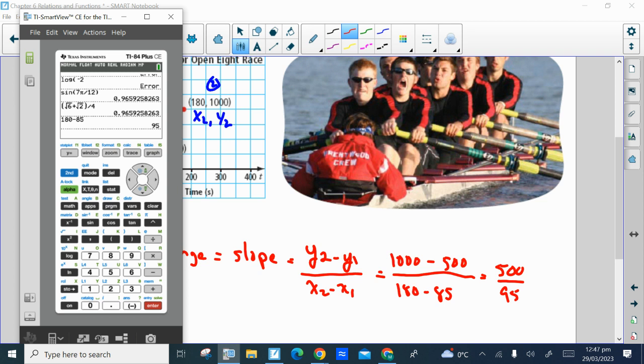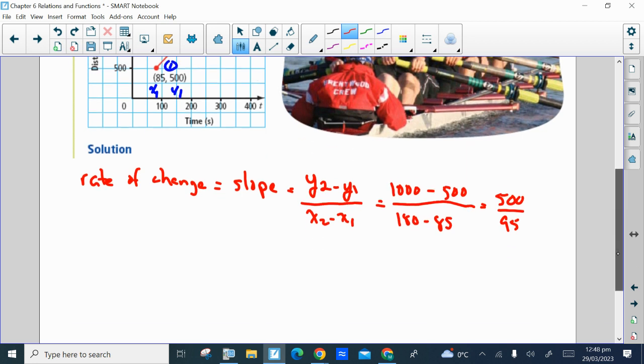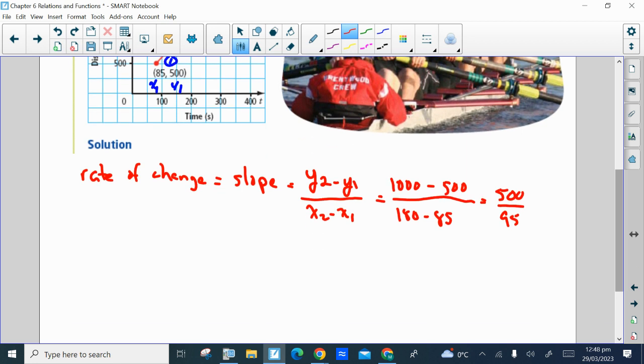Now, we can divide those two numbers, 500 divided by the 95, and it'll give us the slope as a decimal. But in this case here, it's a non-repeating, non-terminating decimal. Okay? So we'd have to round it, and that's fine. The other option is to take the fraction and reduce it.